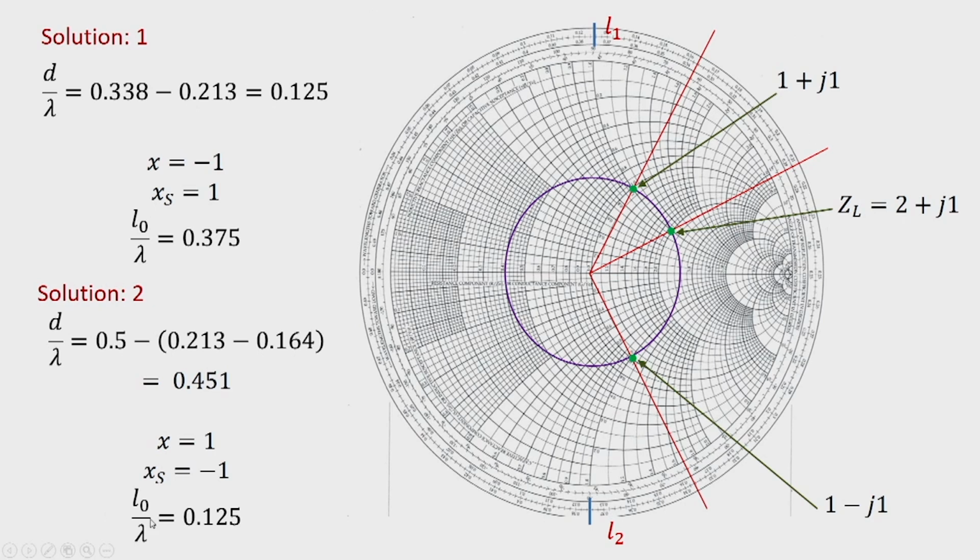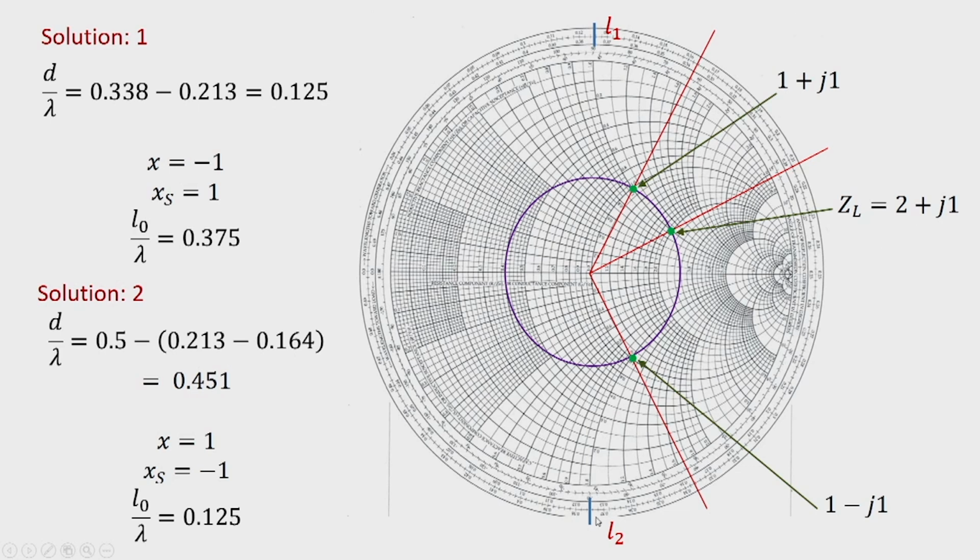That means the length of the stub in terms of lambda is given by 0.125, where we get minus 1 excess as we travel down the Smith chart from the open circuit point.